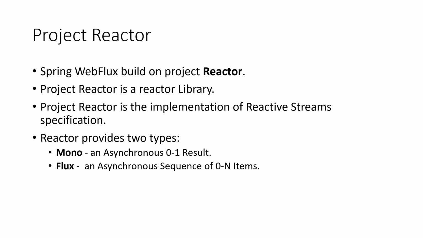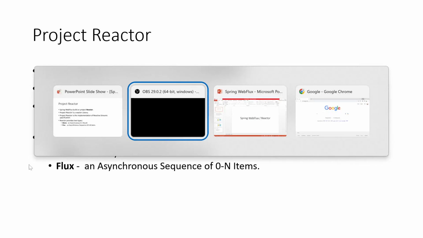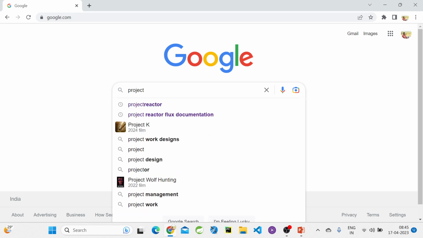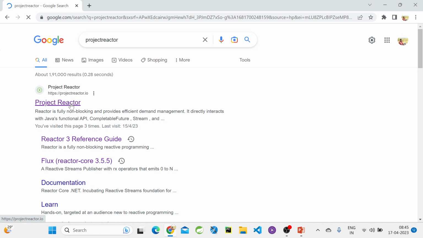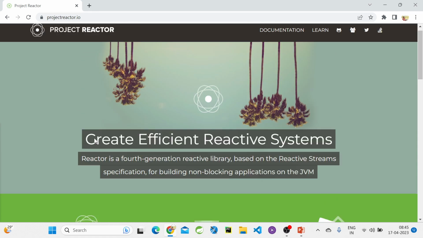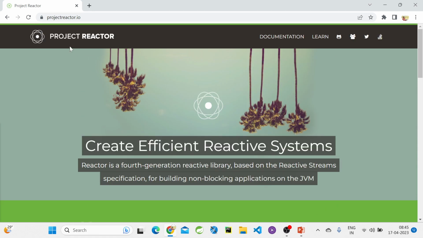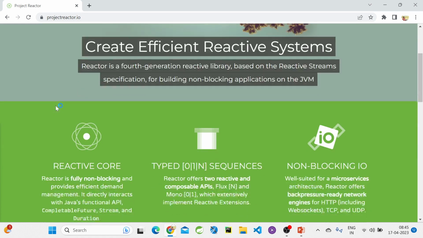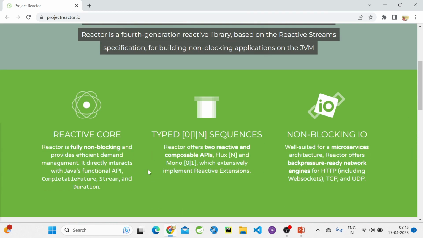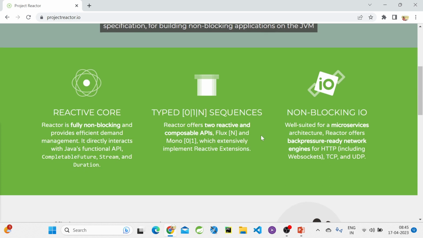Okay, if we look at Project Reactor, the main site is projectreactor.io. We can see the documentation of Project Reactor here. As we discussed, Project Reactor has two types of sequences: one is Flux and the other is Mono. Mono has only 0 or 1.